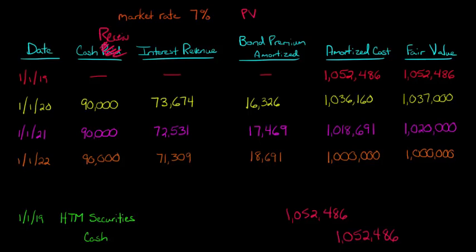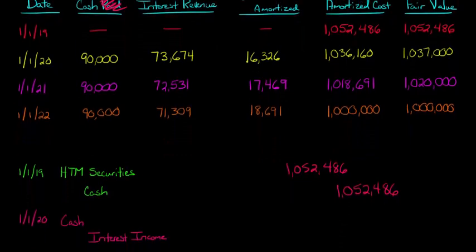Our cash received is going to be $90,000 for the very first interest period. We get $90,000, but the interest revenue that we would record is $73,674. Let's think about this journal entry. We debit cash for $90,000, and then we credit interest revenue, or interest income, $73,674. Now you see that our debits and credits don't balance, so what do we do here?